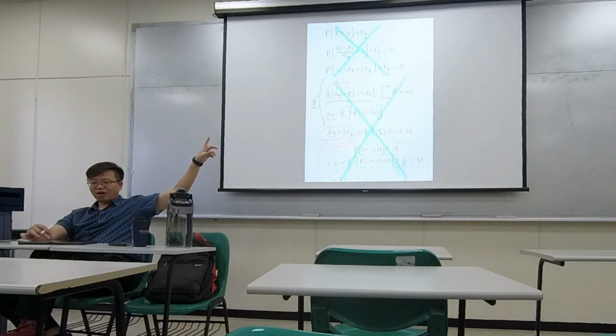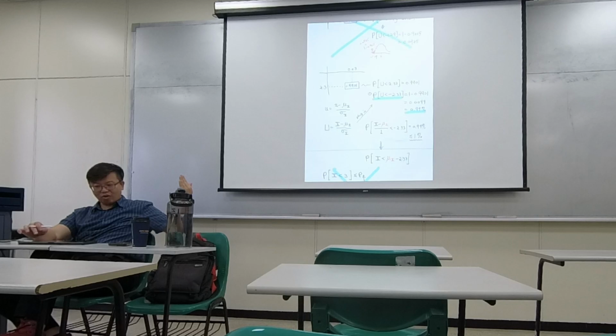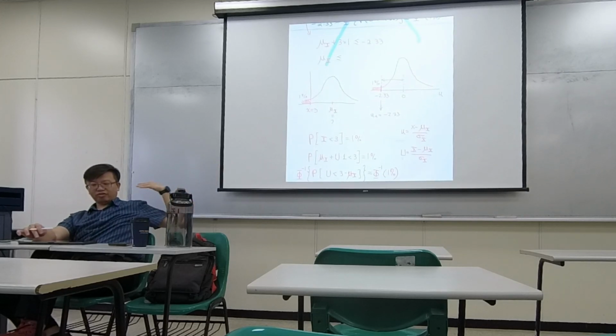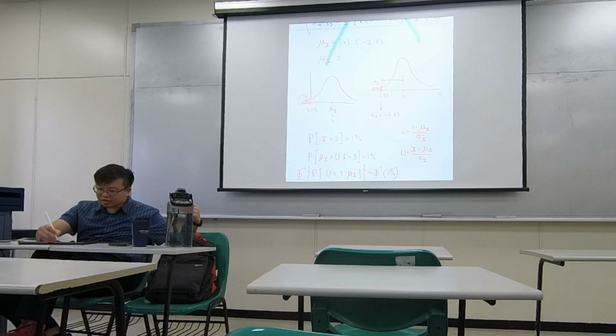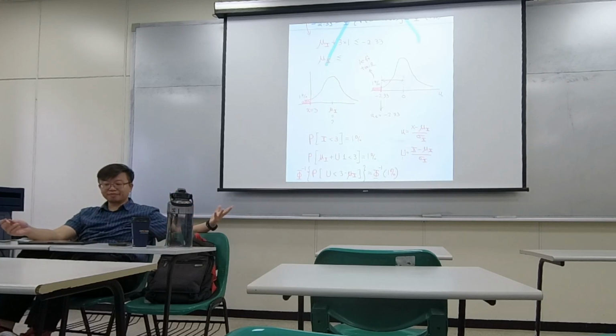From the standard normal table I found that if this integral point is negative 2.33, the left tail of this distribution is 1%.